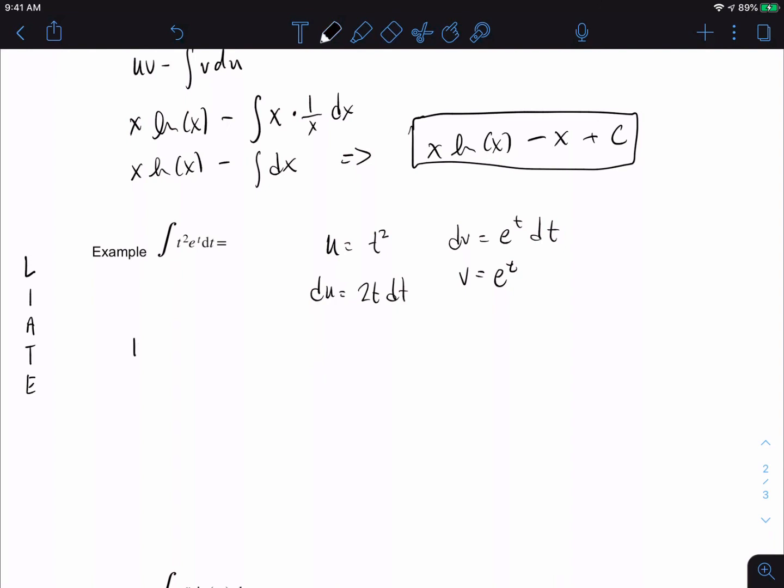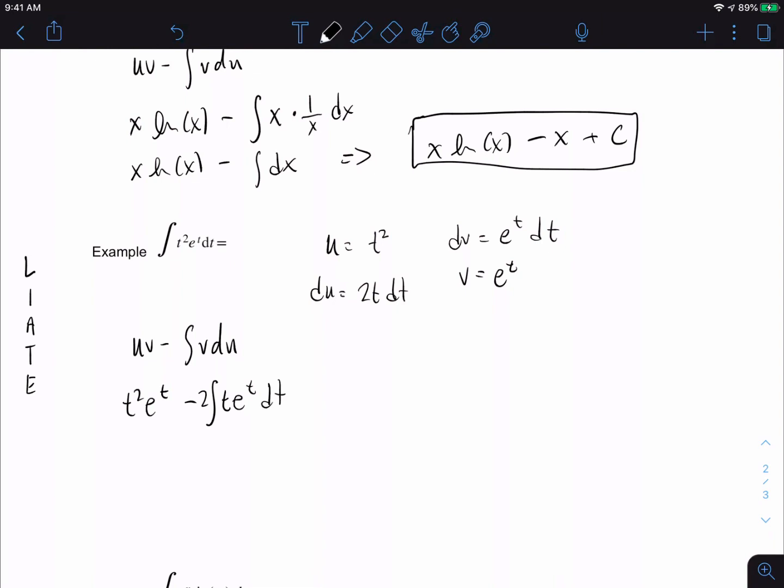Now from here, uv minus the integral of v du, I'm going to get t squared e to the t minus the integral of v, which is e to the t. But now I need a t and a 2 dt, right? Because that's my du.